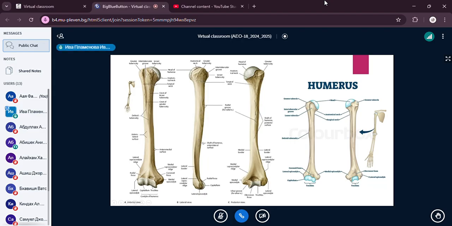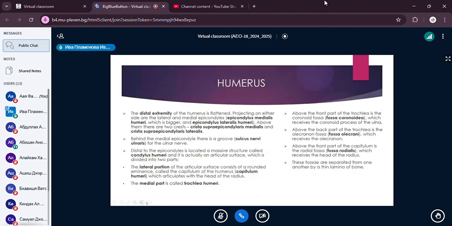And let's continue with the distal end. We have two epicondyles, medial or epicondylus medialis humeri, which is bigger, and lateral, epicondylus lateralis humeri, which is smaller.